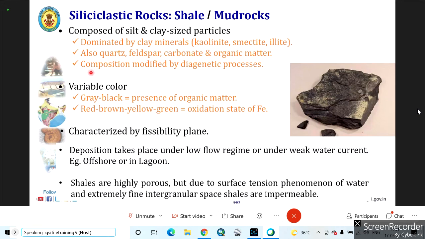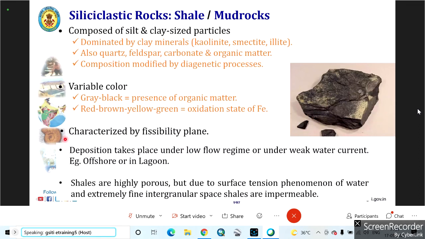The composition of this shale may be modified by diagenetic processes. It has variable color: gray to black indicates the presence of organic matter, and red, brown, yellow, green color of this mudstone indicates the oxidation state of iron.